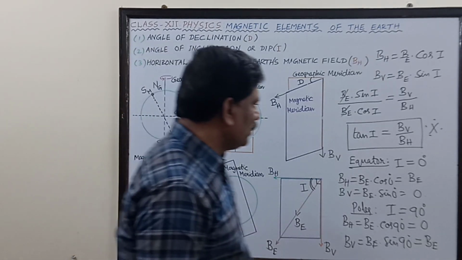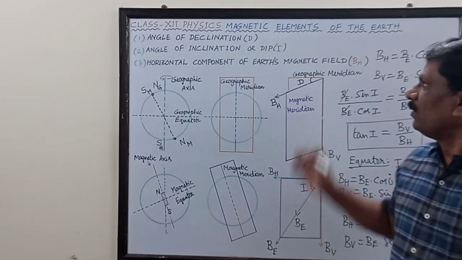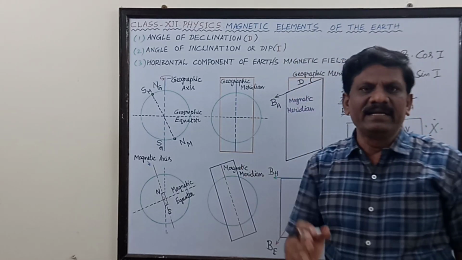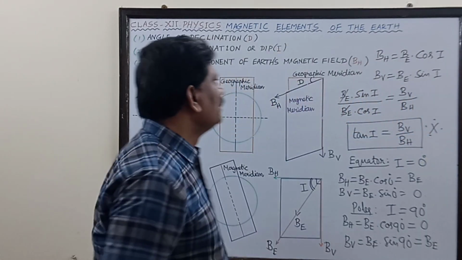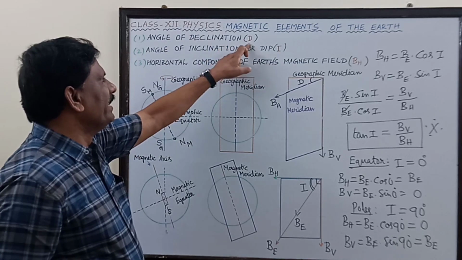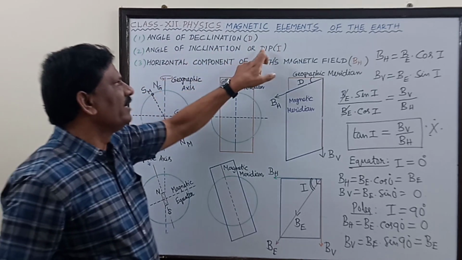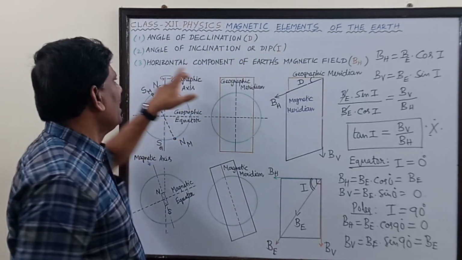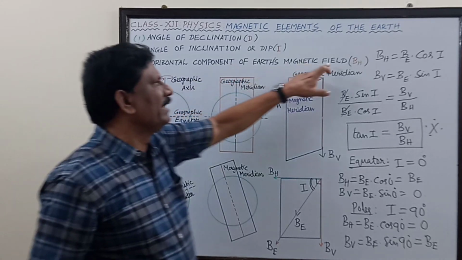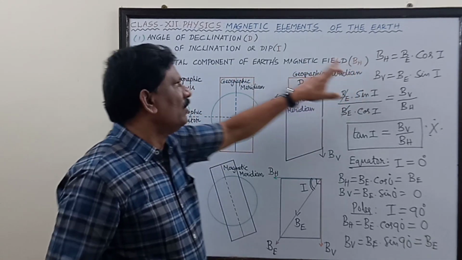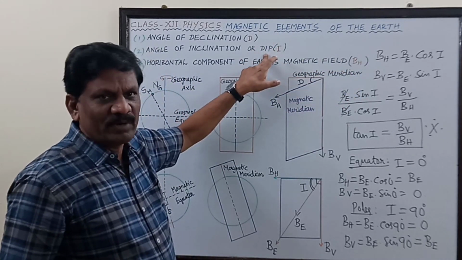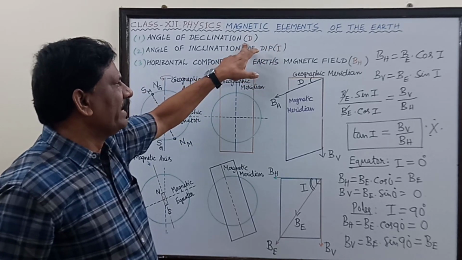Okay. Now I will just repeat what the three magnetic elements of the earth are. They are the angle of declination D, angle of inclination or angle of dip I, and the horizontal component of Earth's magnetic field BH. Now the first two definitions you must remember well. So what is angle of declination?